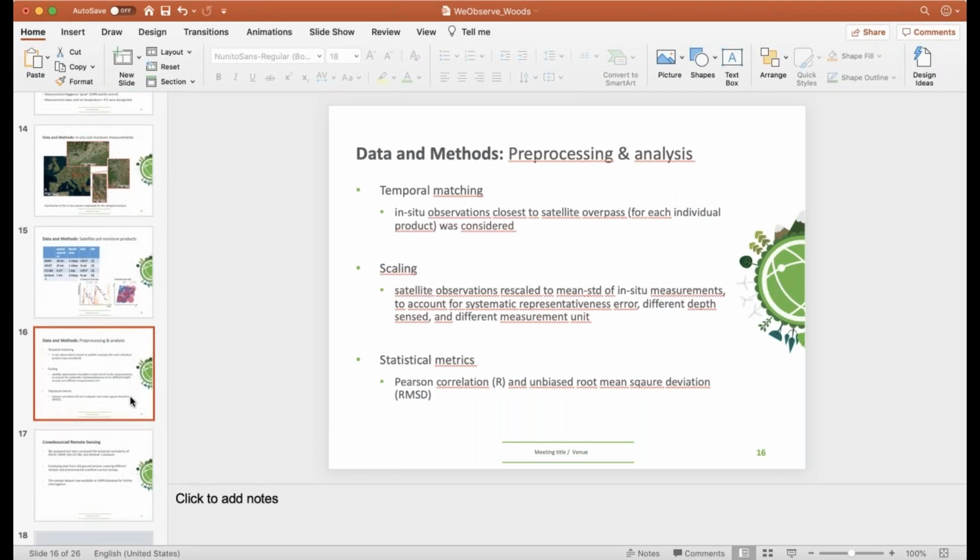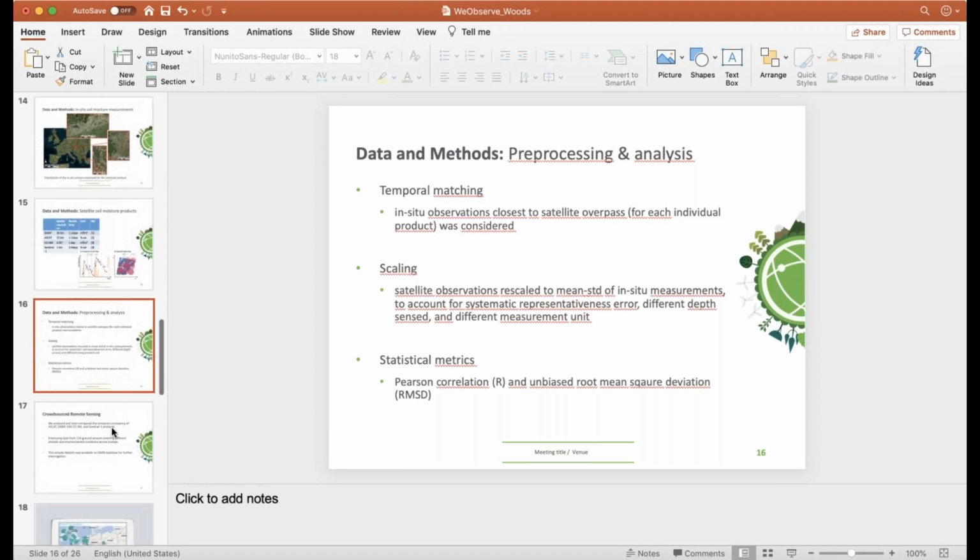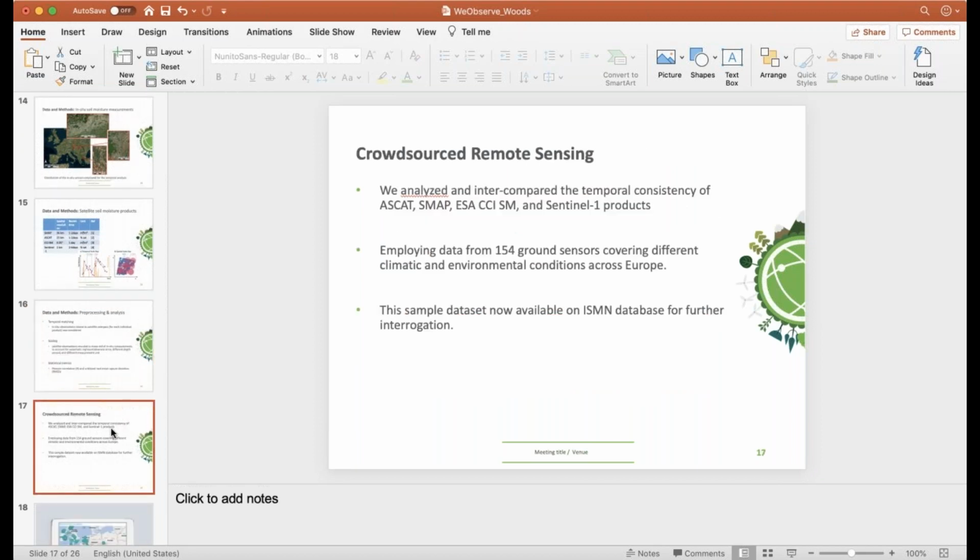And then there were also statistical metrics. So we analysed and intercompared the temporal consistency of the various products, employing data from 154 ground sensors covering different climatic and environmental conditions in Europe.